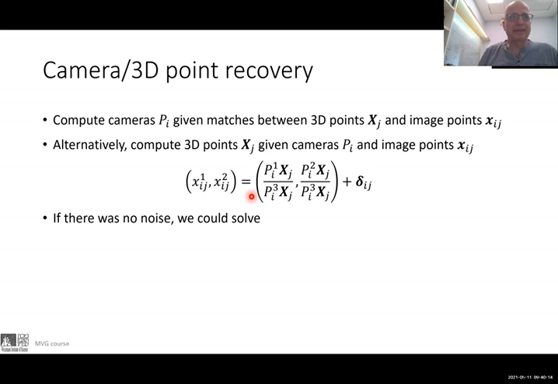One possibility is when we assume that there is no noise. If delta was 0, what we could do is multiply this equation by the denominator. Sorry, there is noise here.